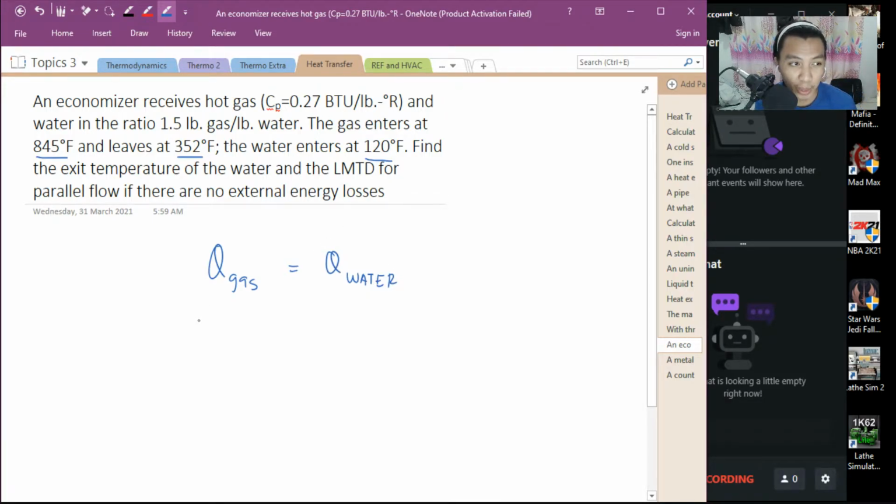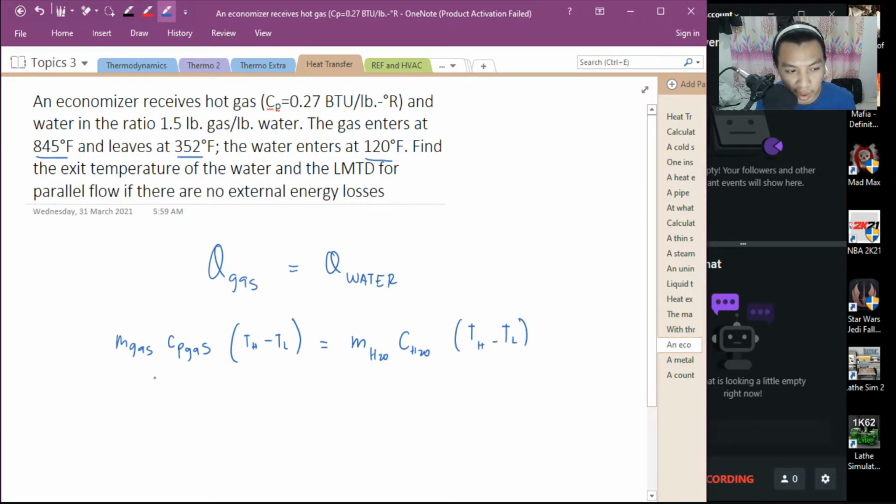So, the M ng gas, CP gas, tapos yung T hot ng gas, minus T low ng gas, equal to mass ng H2O, water, CP ng H2O, tapos T ng hot minus T low.